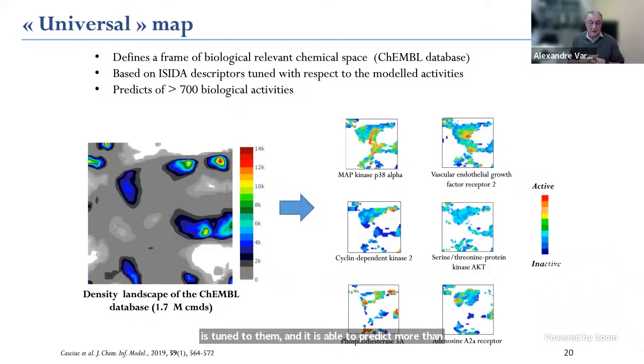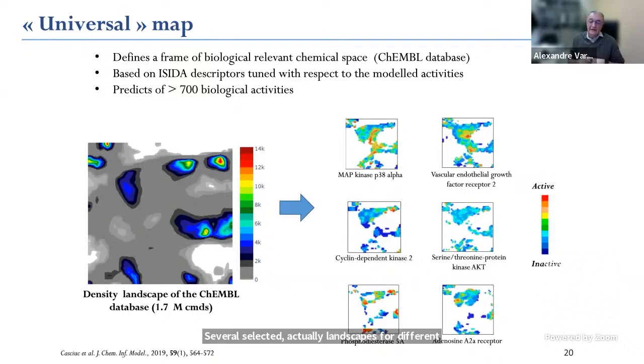On this slide, you see on the left the density landscape, showing more dense or less dense areas, and on the right, several selected activity landscapes for different activities.